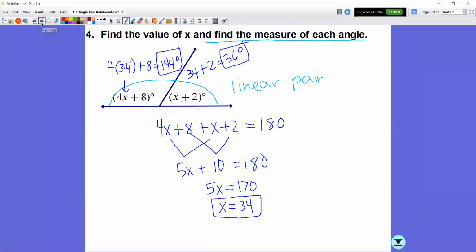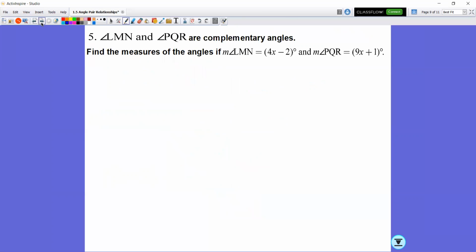All right, we've got 2 more examples here. Example 5 says angle LMN and angle PQR are complementary angles. Find the measure of the angles if the measure of LMN is this expression, 4x minus 2, and the measure of angle PQR is equal to this expression, 9x plus 1.